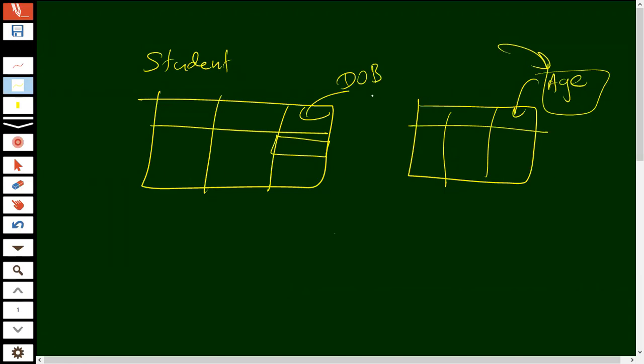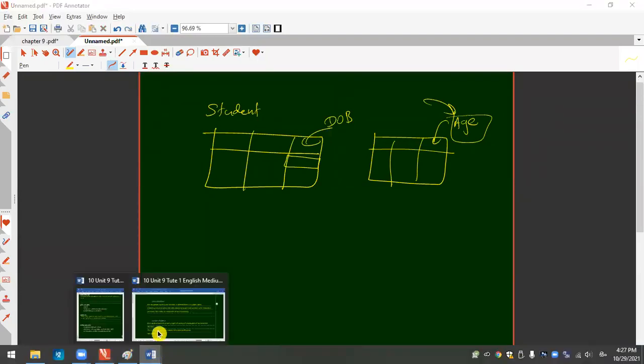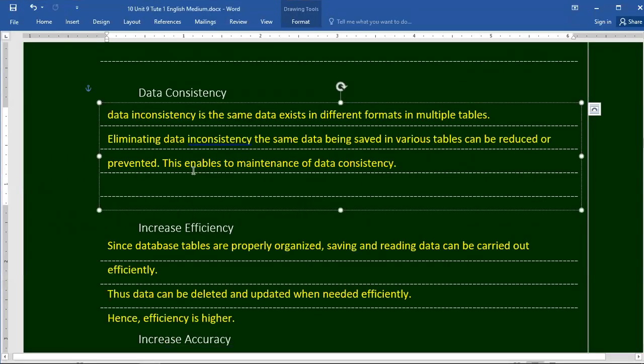That is why we are not going to store both formats. So if we keep the same data in several tables, in several formats, it is inconsistency. By eliminating inconsistency, we enable consistency.